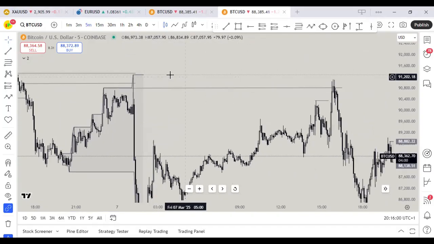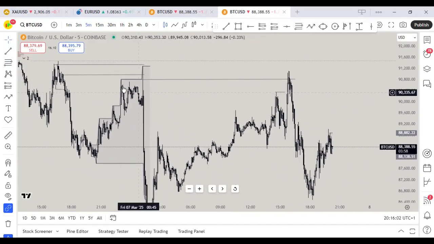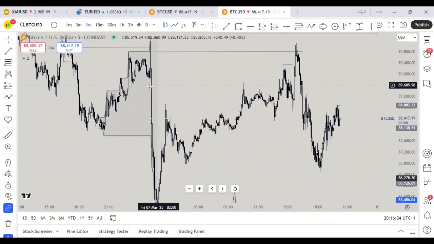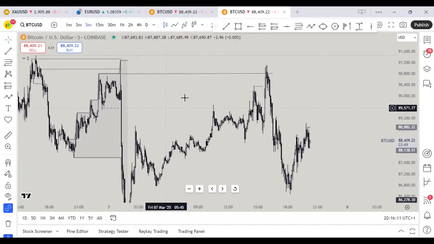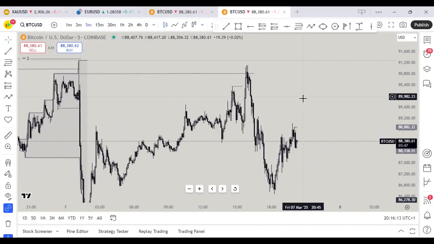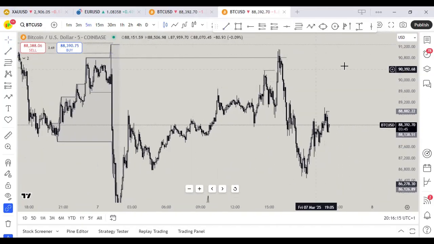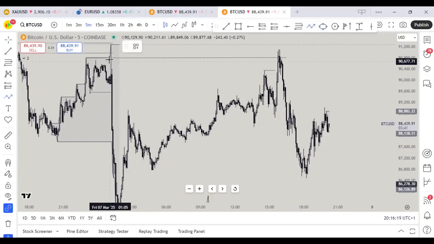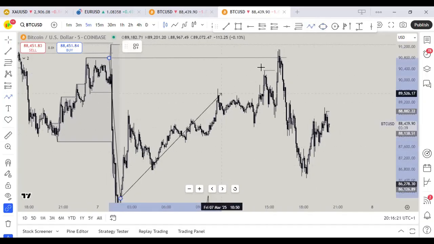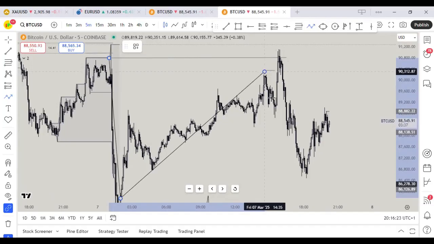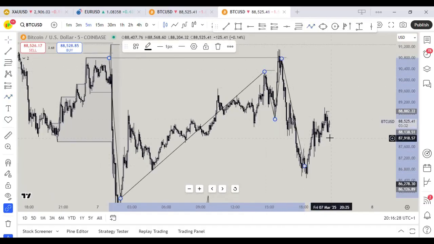So again right here, which type of POI did I use here? I have a break of structure towards the downside here. And as price was coming back into this zone, price gave me liquidity before tapping into my point of interest, then started going bearish.